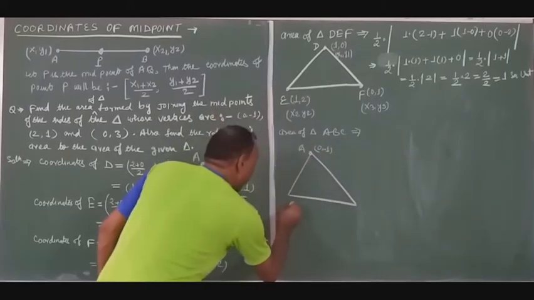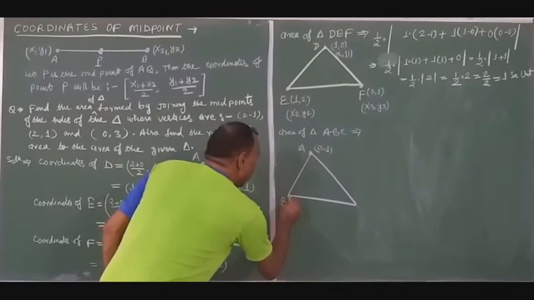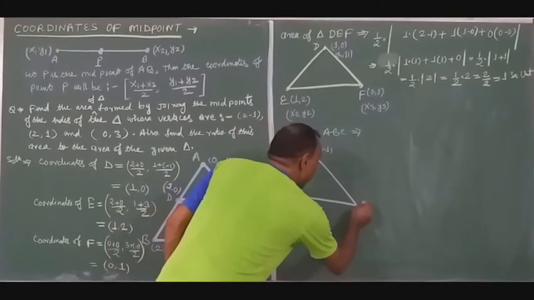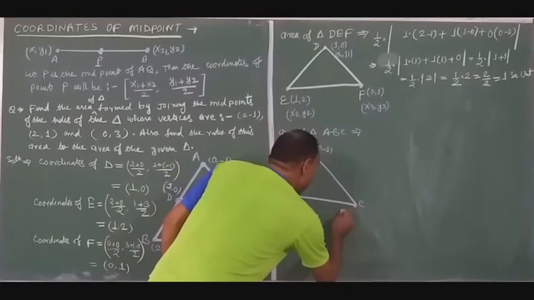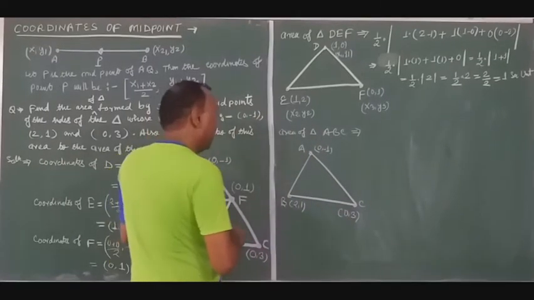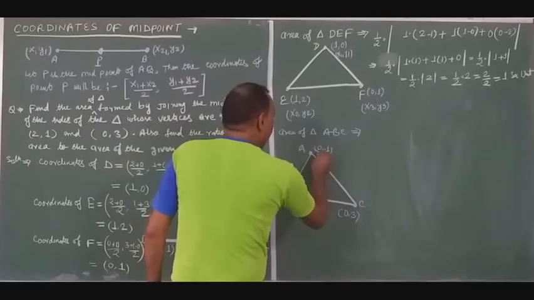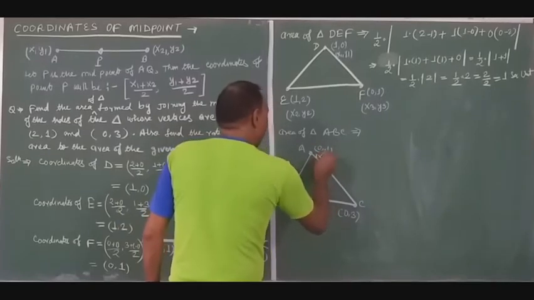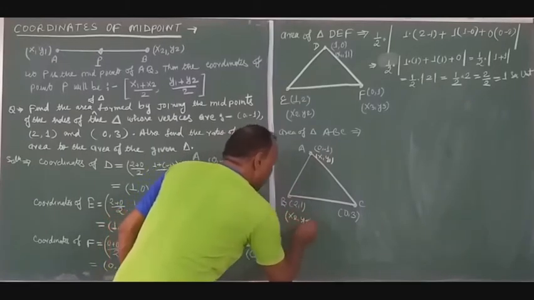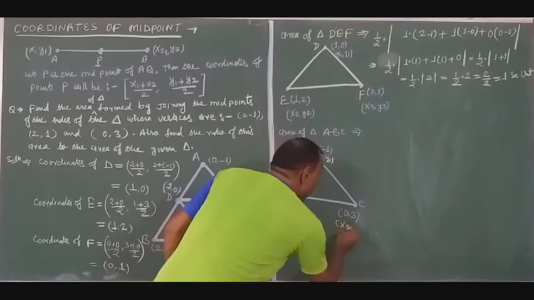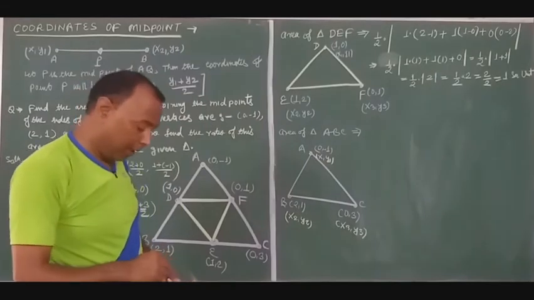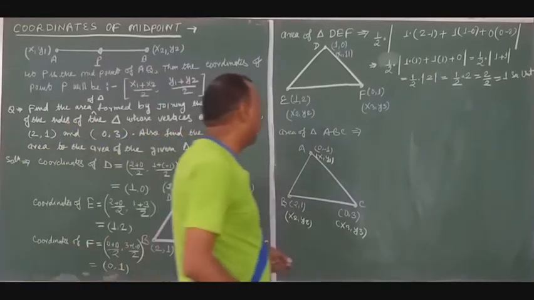This is point B, 2, 1. This is point C, 0, 3. Let these be denoted by x1, y1, x2, y2, x3, y3.